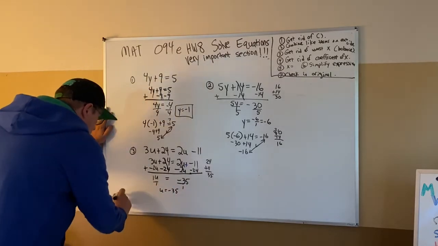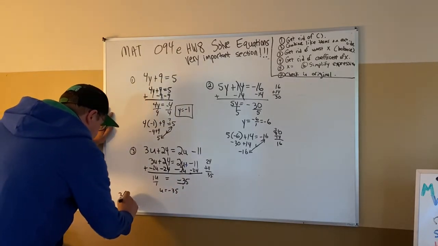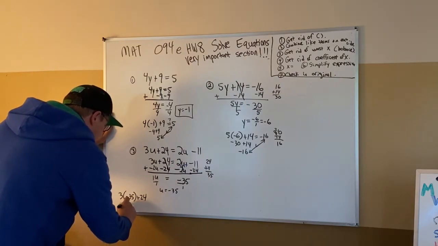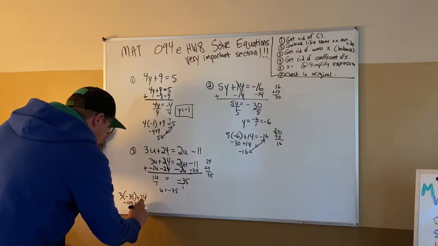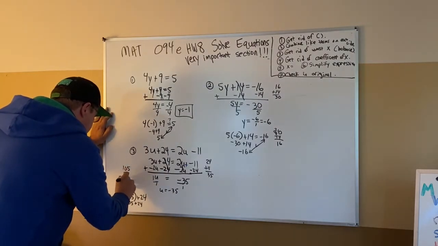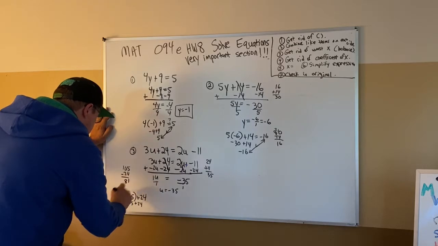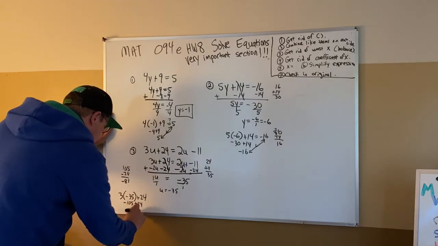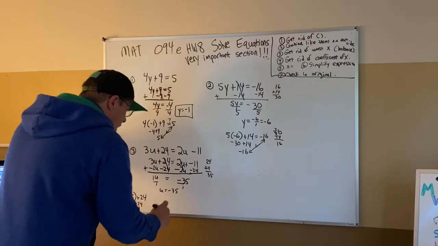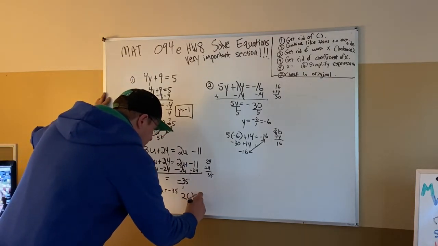Therefore, when I put in my 3 times my number of negative 35 plus 24, I get negative 105 plus 24. 105, negative and positive, so I do 24, take it off, I'm going to get 81 strong on the negative. On the other side, I have 2 times my number minus 11.